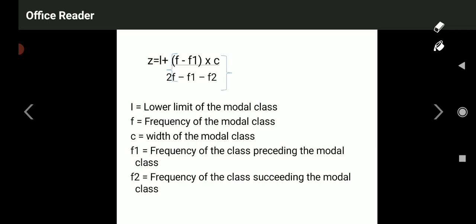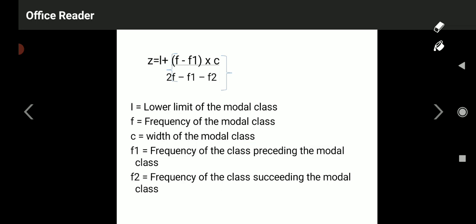f means frequency of the modal class, the total number of observations in that modal class. c means width of the modal class, upper limit minus lower limit of the modal class, that is called width. And f1 is known as the frequency of the class preceding the modal class, the frequency which lies before the modal class.